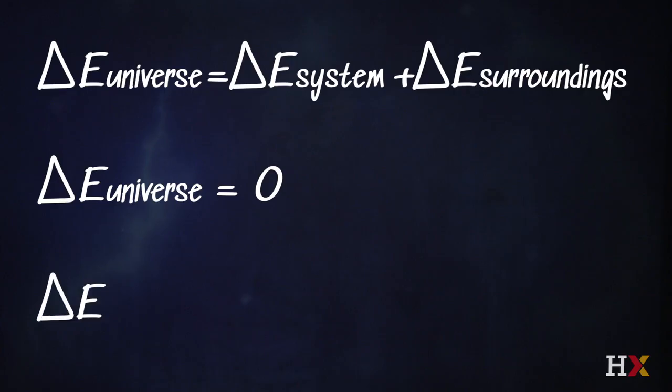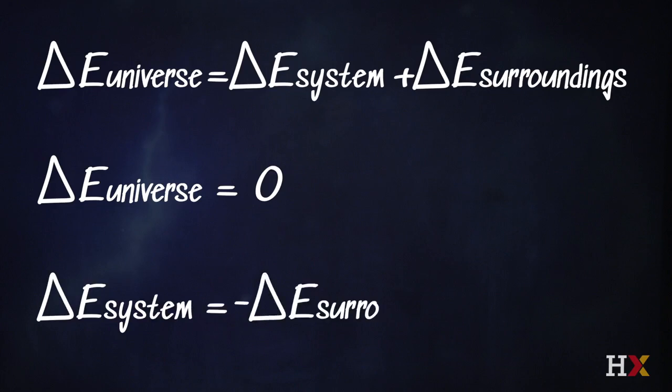So now if we use the fact that the change in the energy of the universe equals 0, which represents the conservation of energy, it means immediately that we can write the expression that the change in energy of the system is equal to, but opposite in sign, to the change in energy of the surroundings.